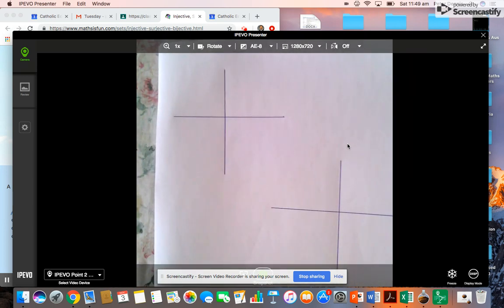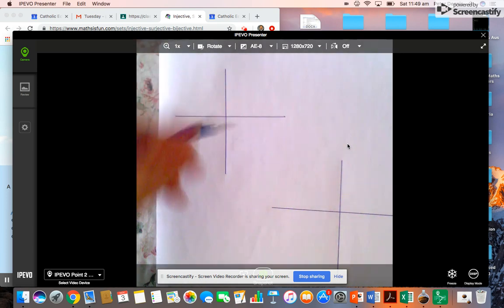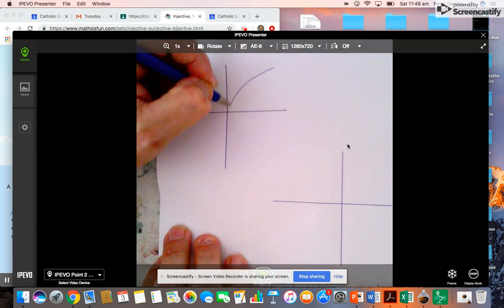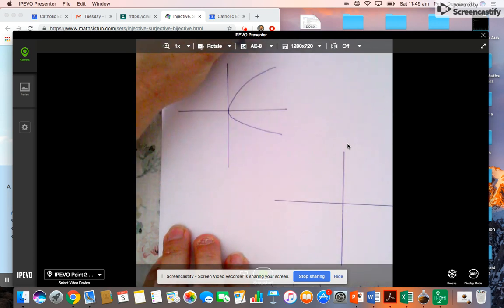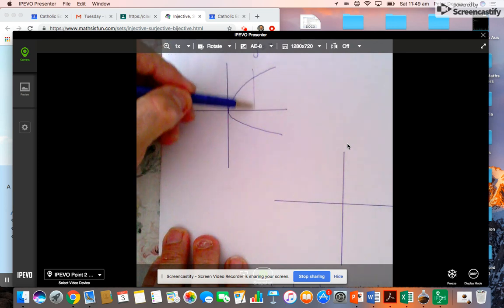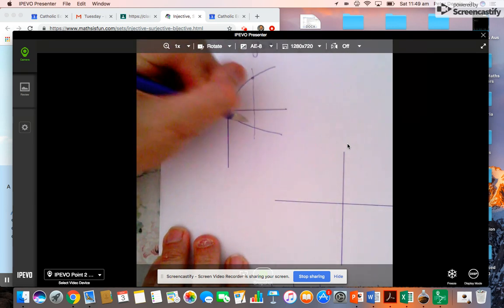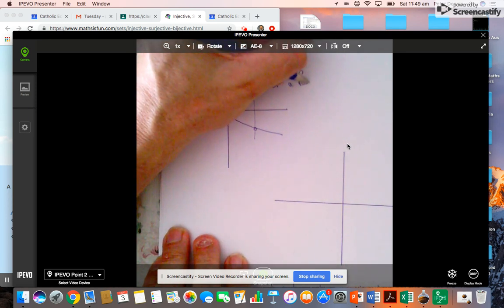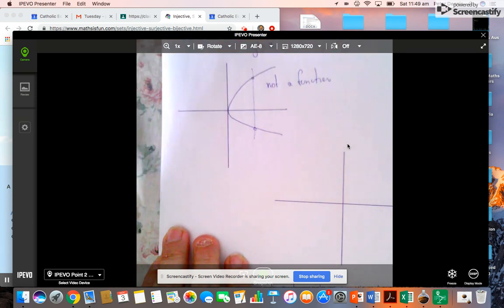So what doesn't make a function? We call it a vertical line test. Anything that looks like this would be y squared equals x. That is not a function. This vertical line test cuts it twice, so not a function.